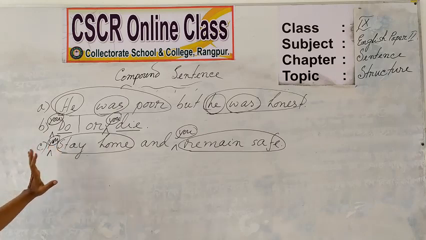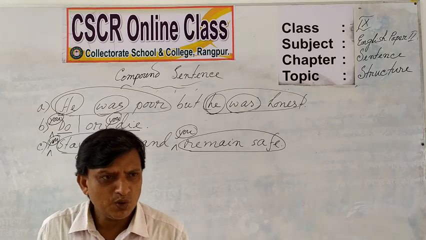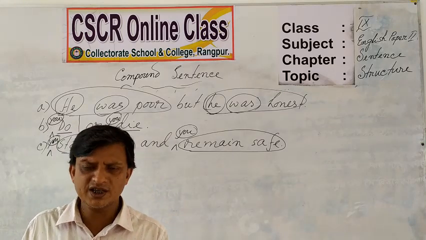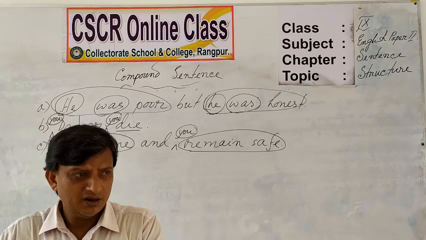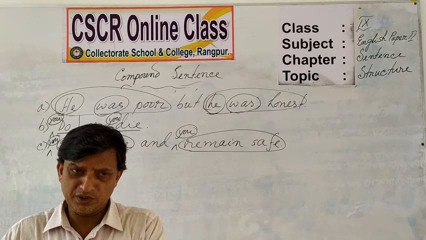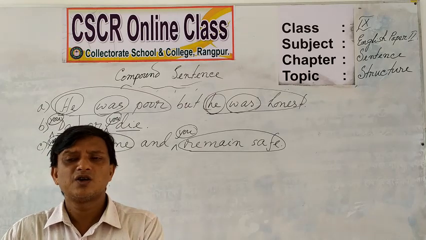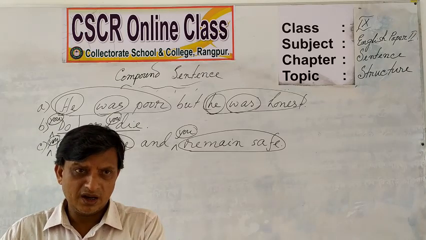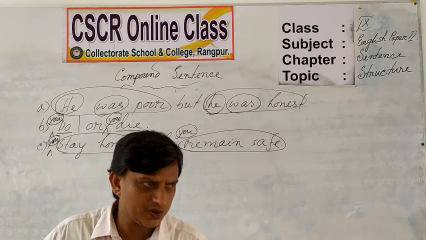So, what are the characteristics of a compound sentence? First one, a compound sentence has more than one subject. Second one, a compound sentence has more than one finite verb. A compound sentence has more than one part, and the parts are both independent or main clauses.